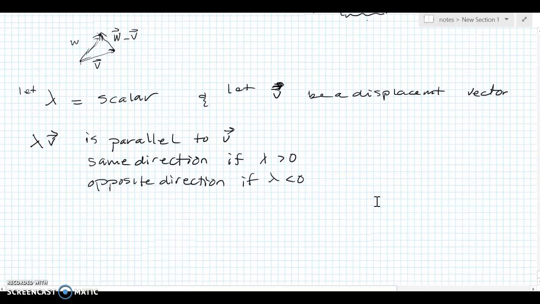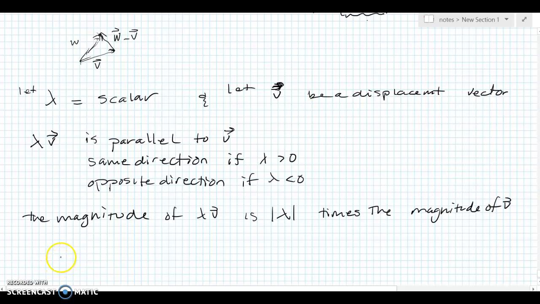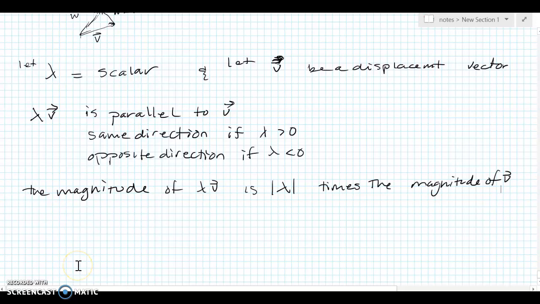And the magnitude of lambda V is the absolute value of lambda times the magnitude of V. We haven't gotten to the magnitude yet, so I guess we can start that.